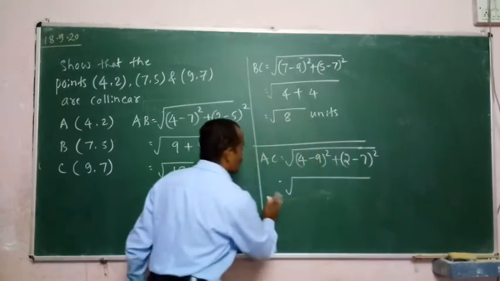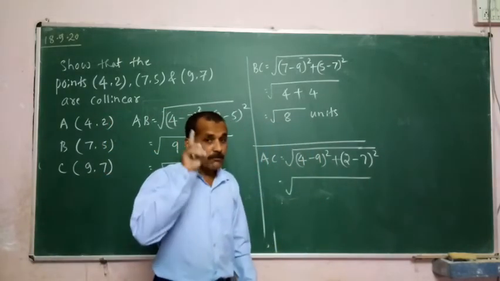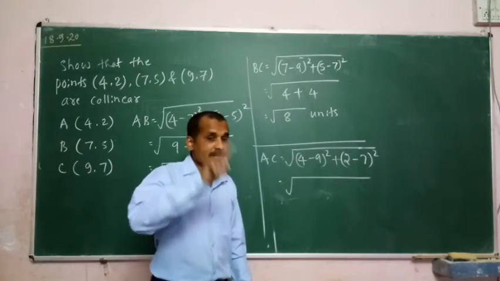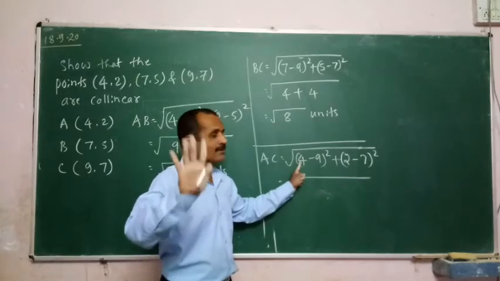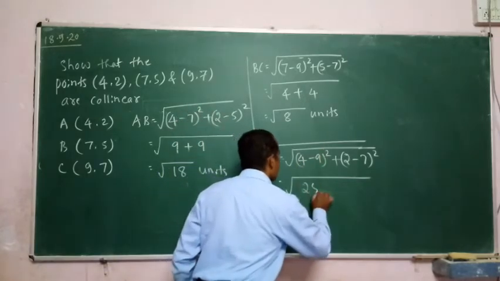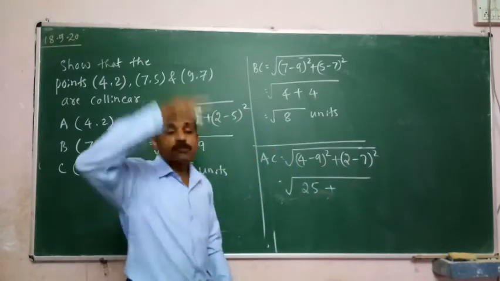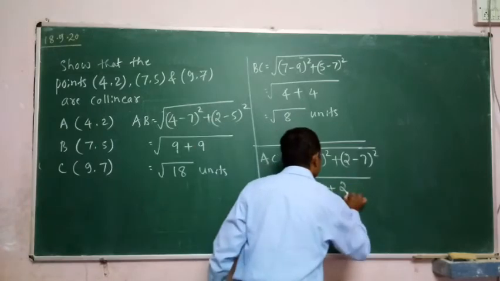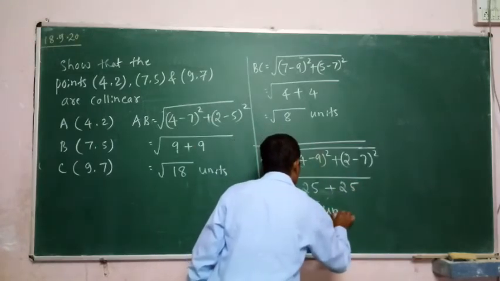Under root, 4 minus 9, don't make a mistake, bigger number minus smaller number, 9 minus 4, 5. Minus 5 the whole square, 25. Plus 2 minus 7, again minus 5, minus 5 square, 25. 25 plus 25, square root of 50 units.